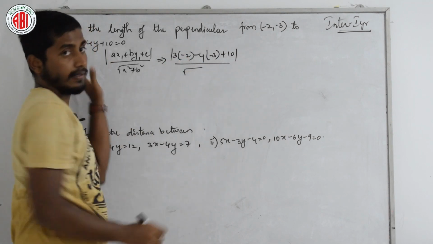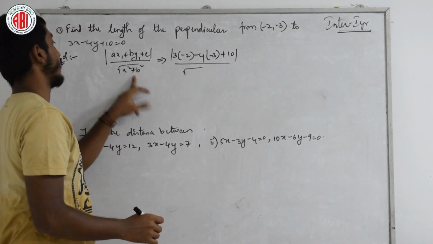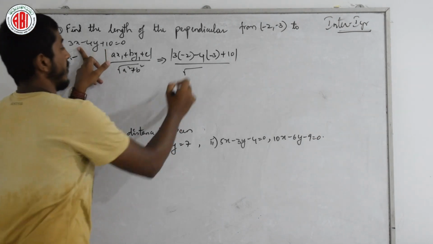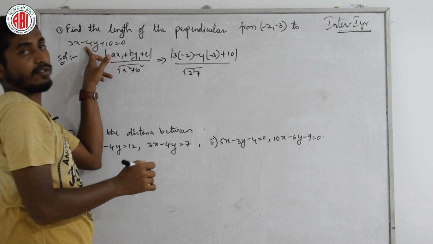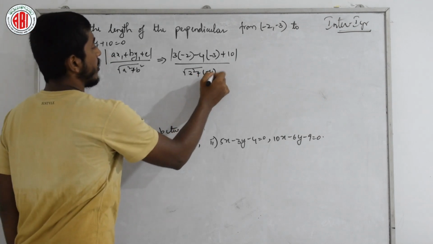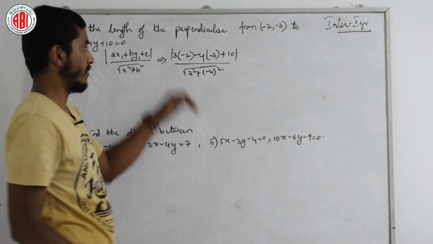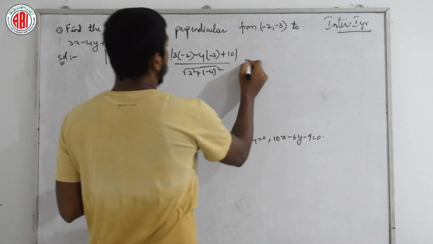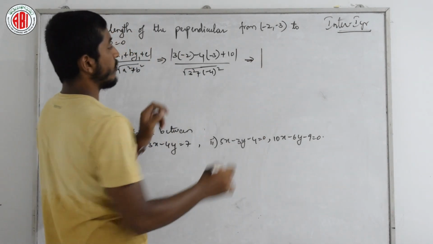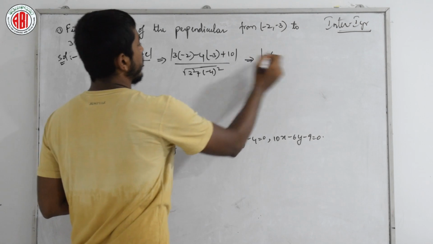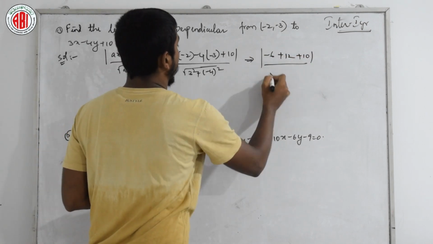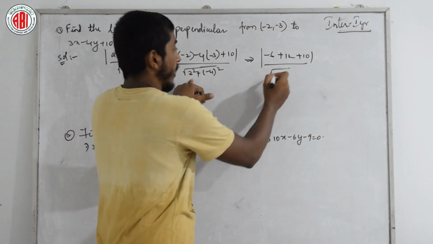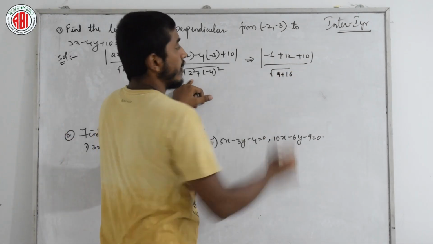Okay, is it clear? Under root a square plus b square, that is the coefficient of x square, 3 square, plus b square, that is the coefficient of y square, minus 4 square. Is it clear till now? We just have to simplify it, nothing more than that. 3 into minus 2 is minus 6, minus 4 into minus 3 is 12, plus 10, by under root 3 square is 9 plus 4 square is 16.